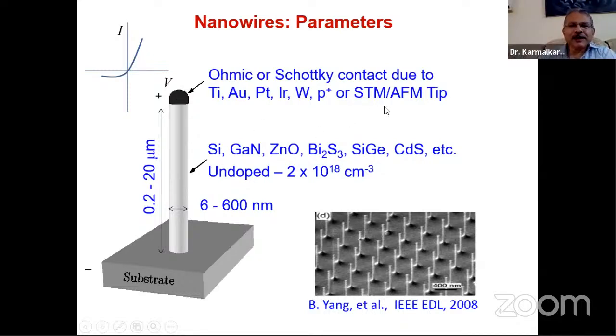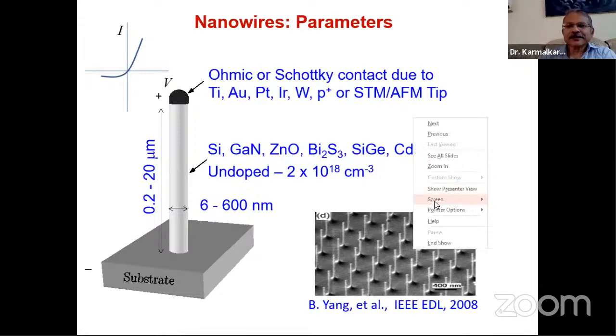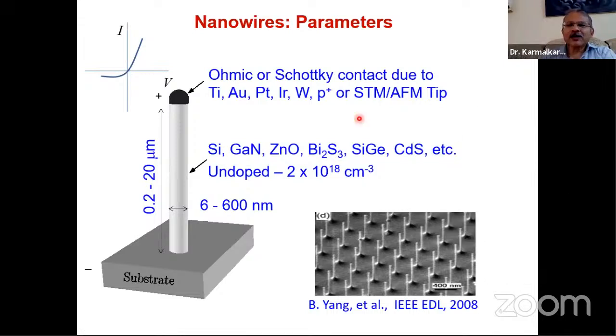Let me explain it like this. The two words almost mean the same. If I talk about this whole structure, I can call it a diode, because it has one terminal here and another terminal at the substrate. Whereas if I refer to this interface or contact alone, a Schottky contact would mean this region.